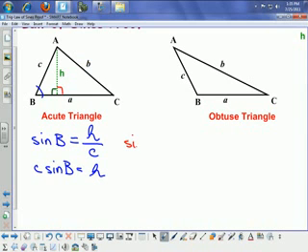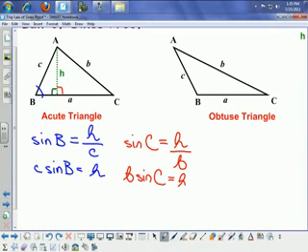Sine of angle C has to equal opposite over hypotenuse. Doing the same thing we did before, multiply both sides by side b. We get side b times sine of angle C equals h, the height.